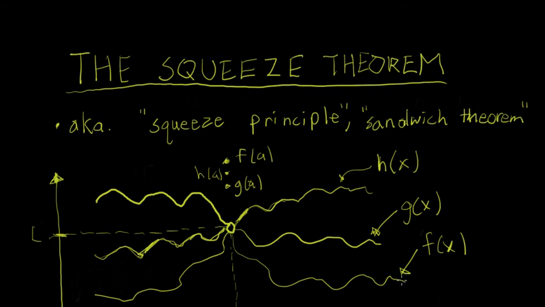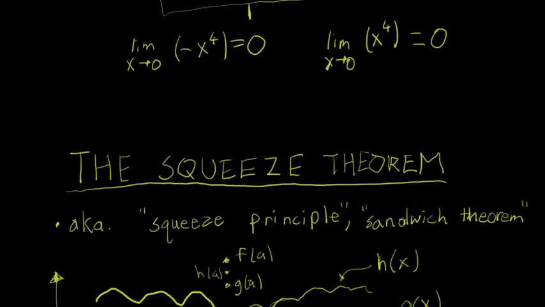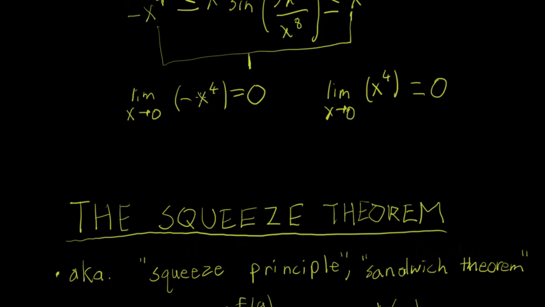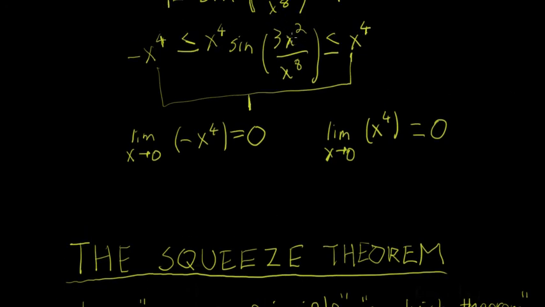And we saw that these outer functions here, negative x to the fourth and positive x to the fourth, go to 0 as x tends to 0. So this means that the function in the middle also goes to 0 as x tends to 0.